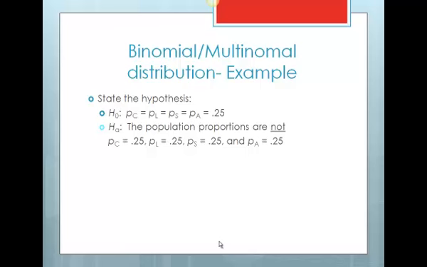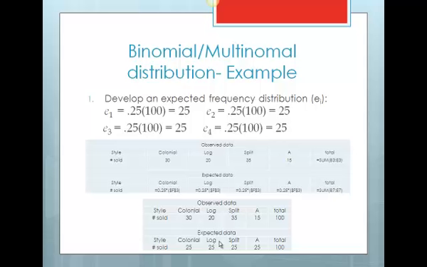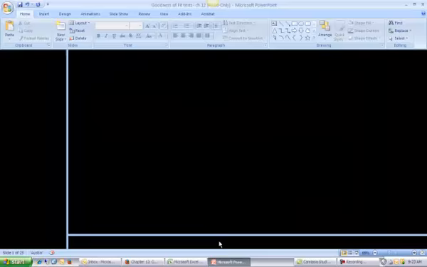So if H0 says each of our expected outcomes is 25%, we base our expected frequency distribution on that 25%. So here I've shown this calculation in 2 different ways. I've shown developing each of the expected values, just drawn out mathematically, and then I've shown it on Excel. So let's skip to Excel to see exactly what we're doing here.